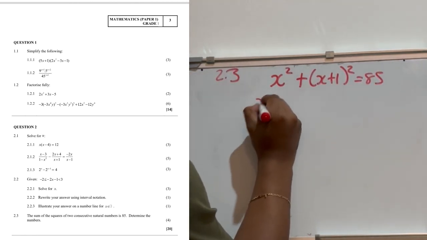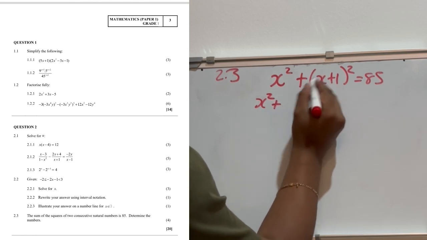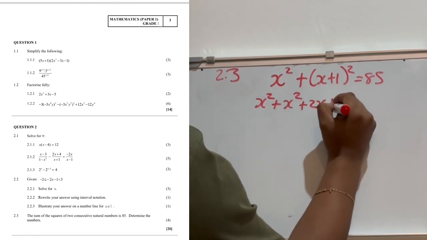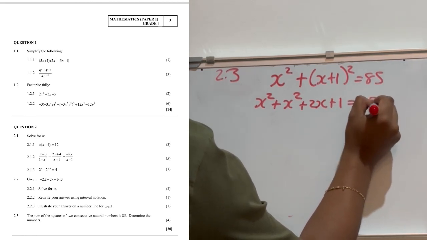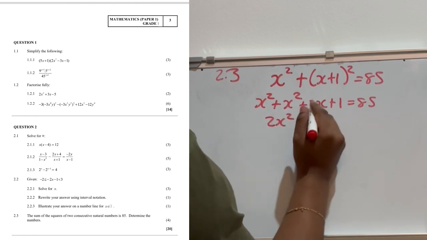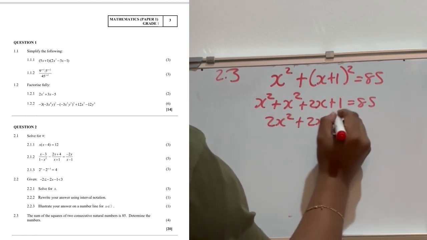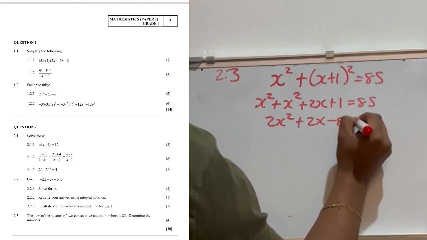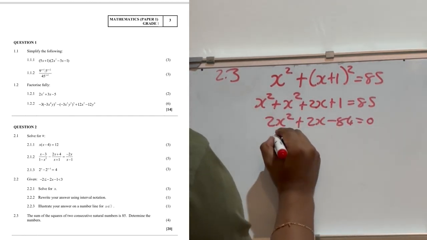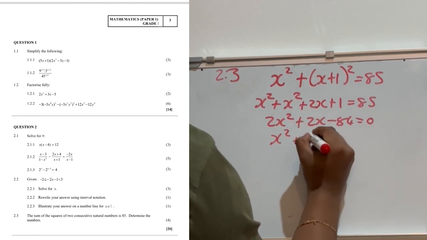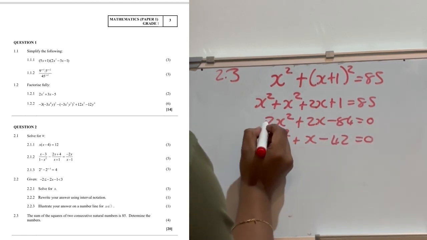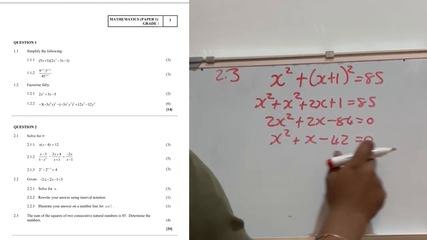So if we multiply this bracket out, we're going to have x squared plus 2x plus 1 equal to 85. So this becomes 2x squared plus 2x minus 84 is equal to 0. So here we can just take out the 2 right through and say it's x squared plus x minus 42 is equal to 0, because if you just divide right through by 2, you're going to be left with this.